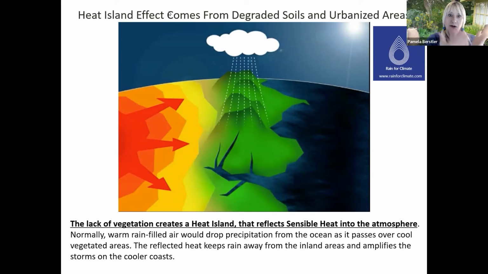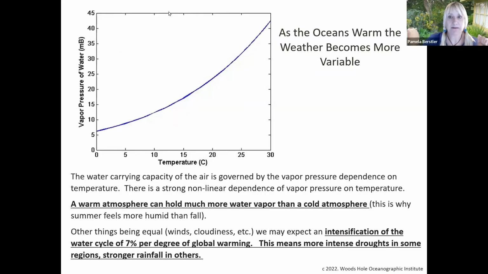So when we degrade the soil and we degrade the vegetation, we end up creating this giant heat island effect and reflecting more of that sensible heat back up into the atmosphere instead of absorbing it.